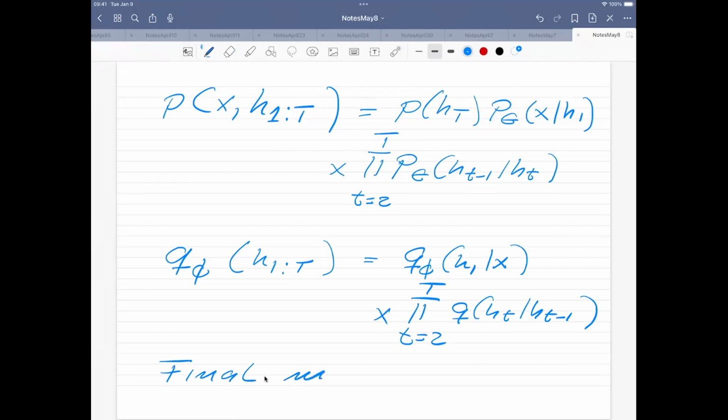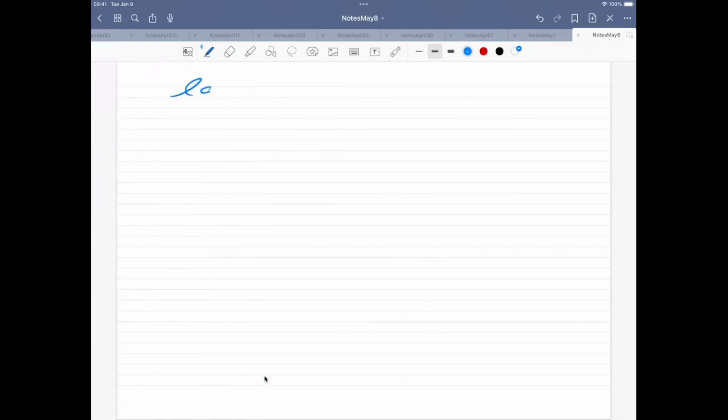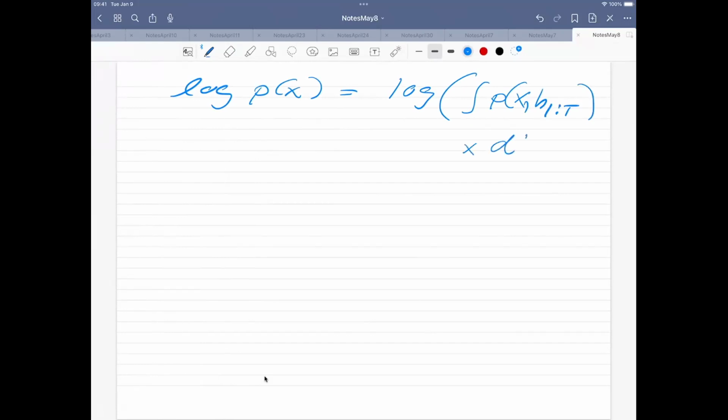So the final marginal probability, if you're setting that one up, is obviously we want something which is a log of p of x, which is then given by log, and then I have the integral of p of x, and then as a function of h of 1 to t, so that contains all these steps, and integrated over all h's from 1 to t.